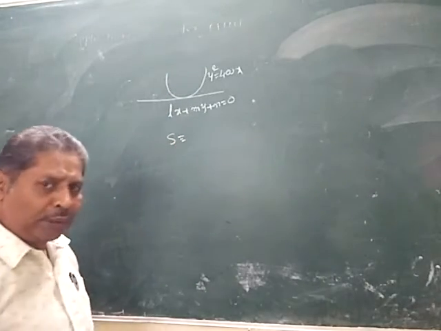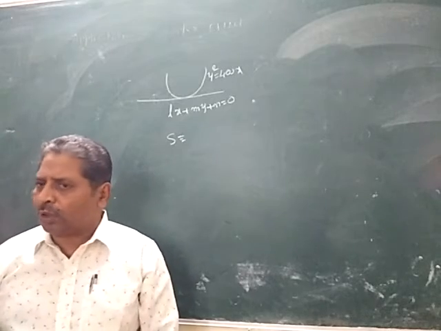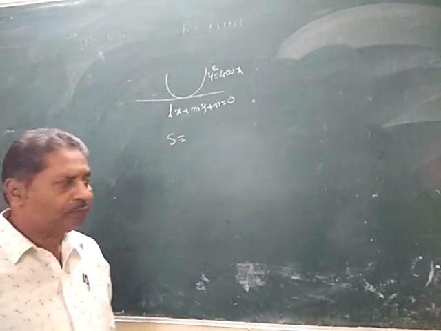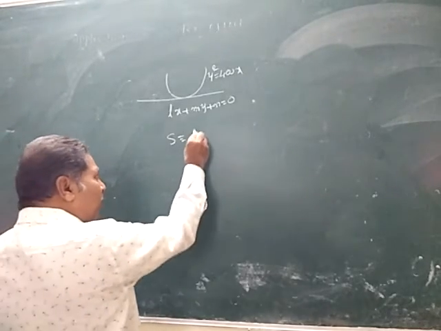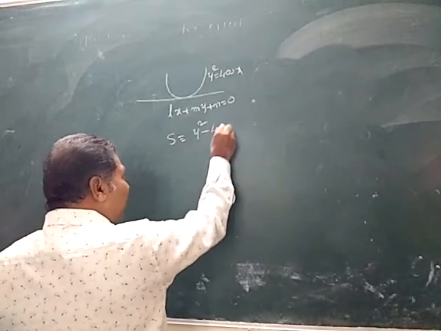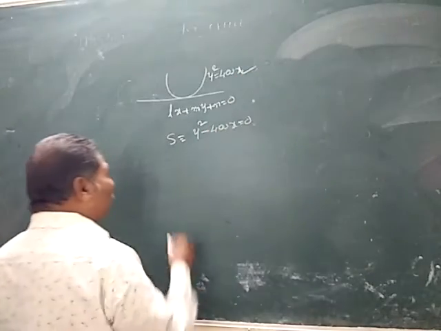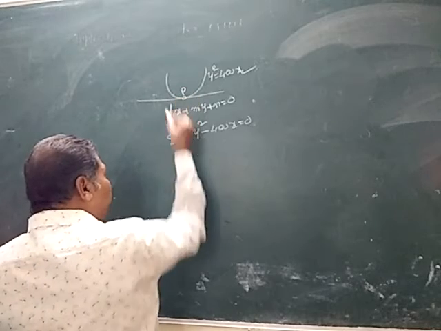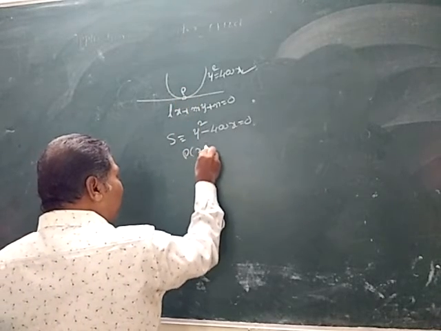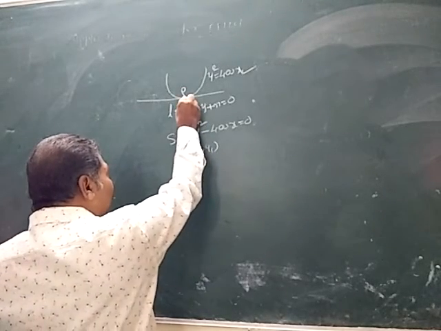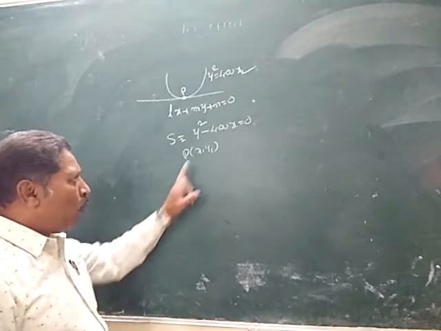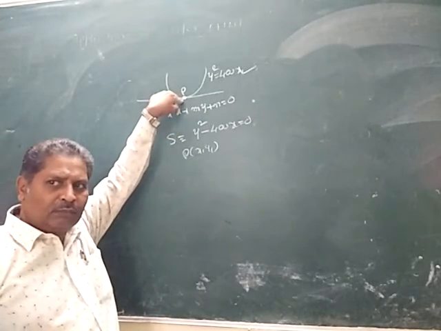Proof is also important. Let S equal to y squared minus 4ax equal to 0. Let P (x1, y1) be the point of contact.